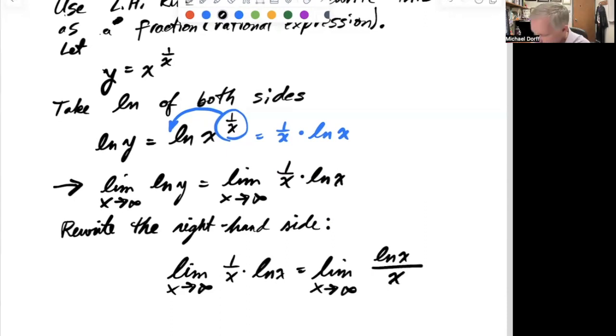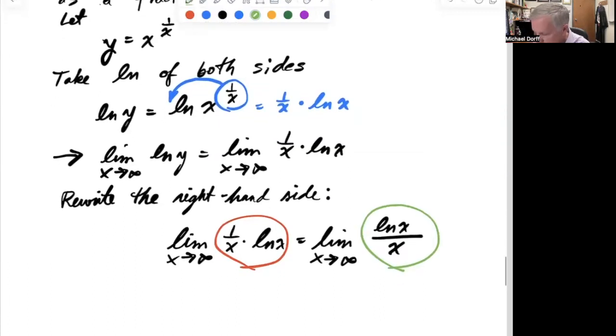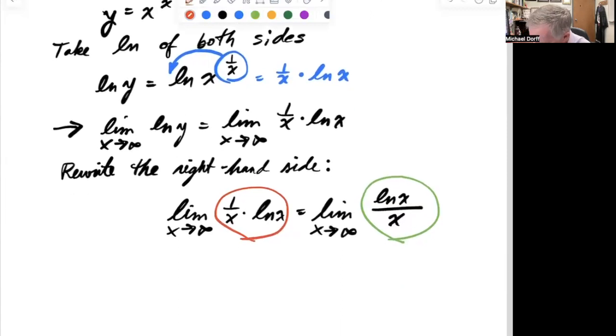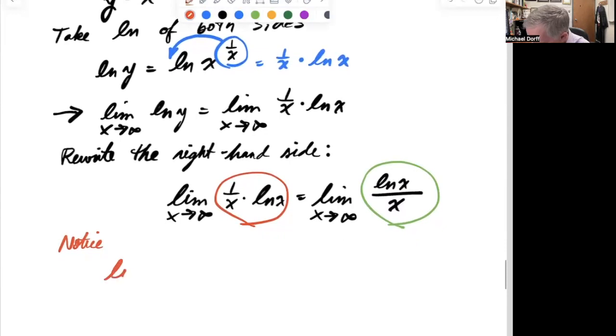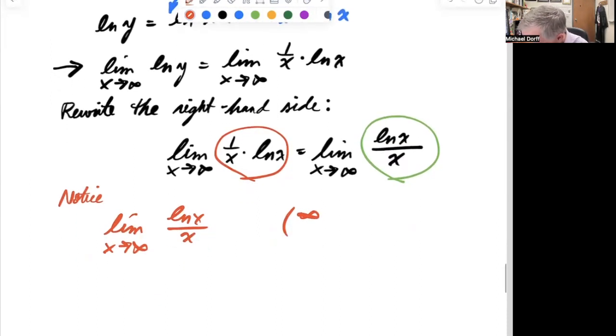So this red part is equal to the green part. Okay. Now, if I do direct substitution, I'm going to get the natural log of x as x goes to infinity is infinity. And why is that?